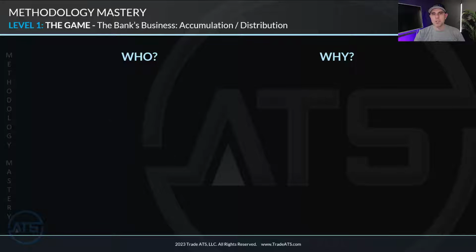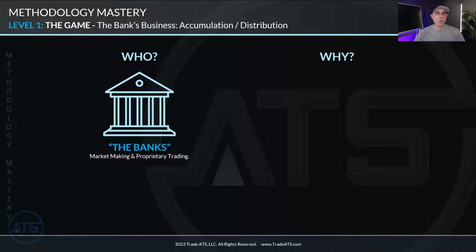Who's moving price? Simply put, the banks. Who are the banks? Well, it starts with your Goldman Sachs and the JP Morgans of the world, and then it goes all the way up to your central banks like the Federal Reserve. These are the banks that are moving price around. Now, the two primary profit centers for the banks in general are market making and proprietary trading.